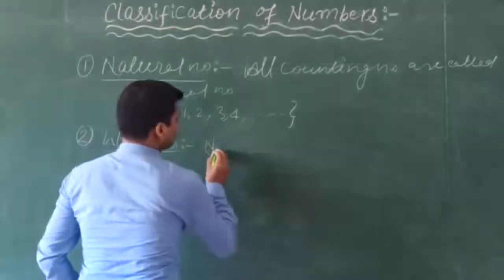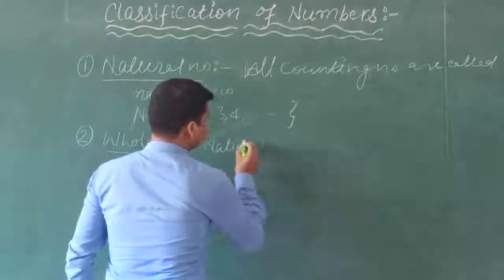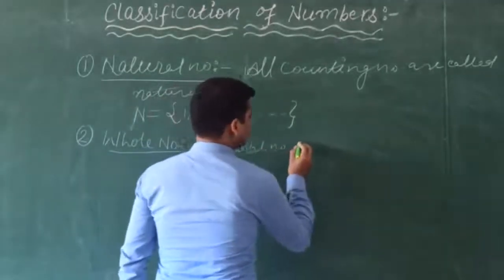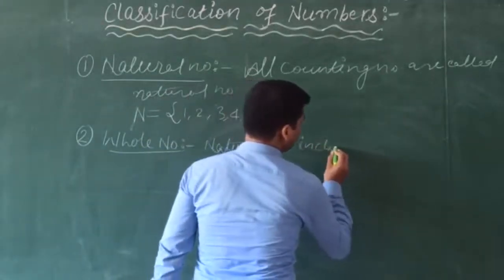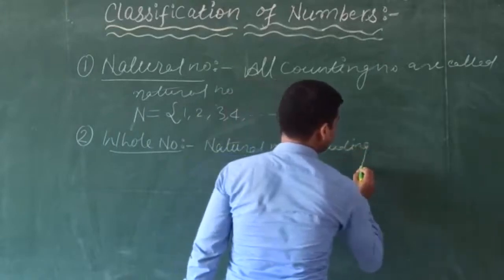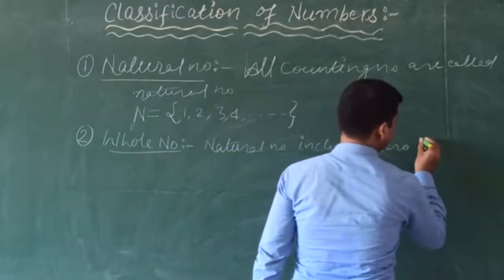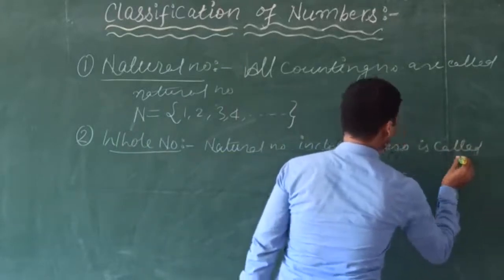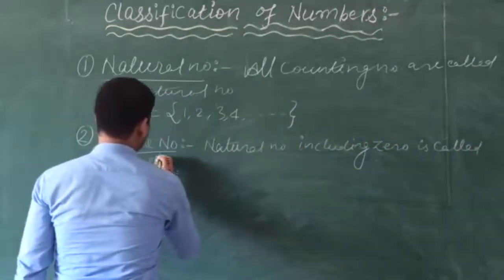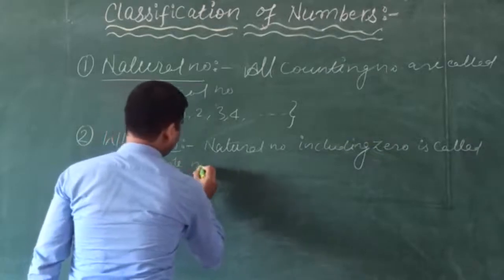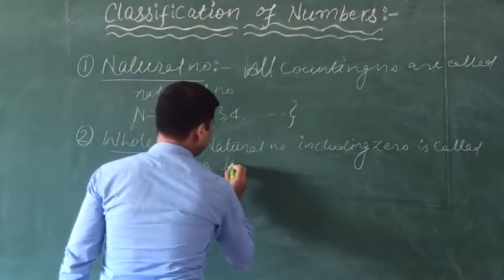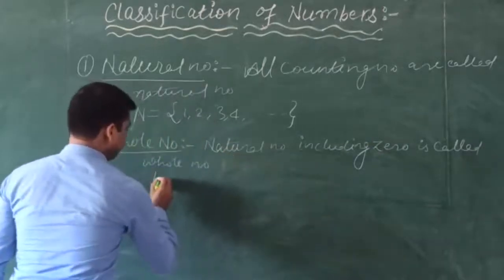Natural number including 0 is called whole number, and it is denoted by capital W.